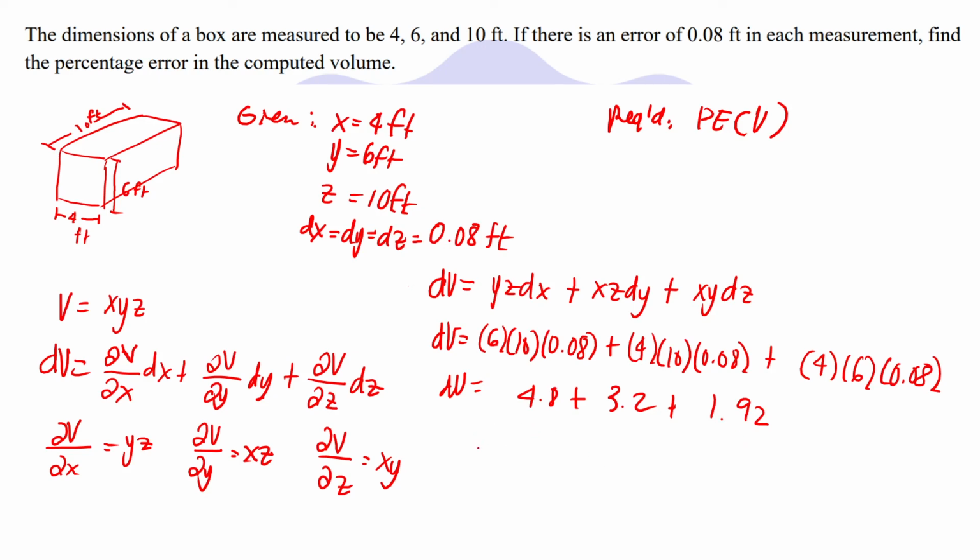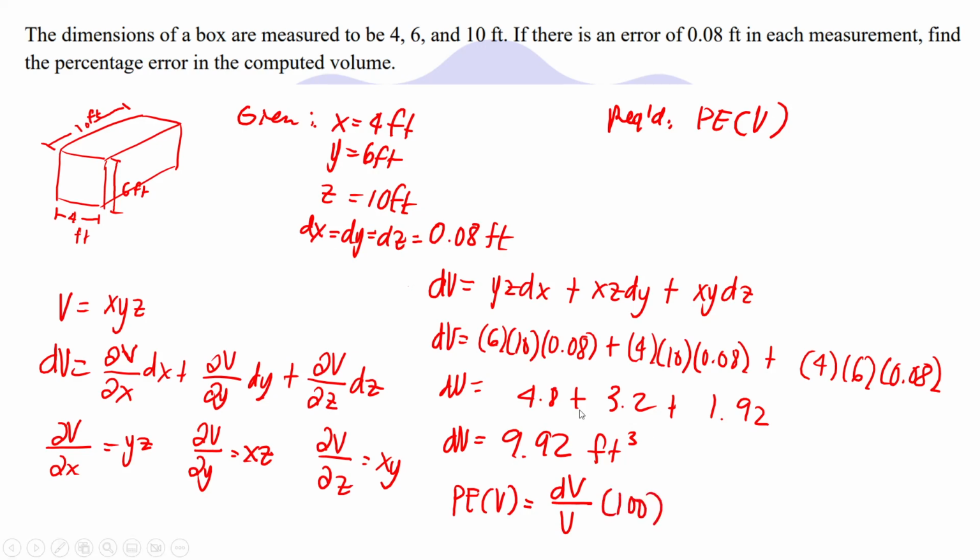So dV is 9.92, okay, unit cubic feet. Okay, do not stop there, okay? What is the percent error for the volume equation? That's dV over V times 100. Okay, so let's proceed to the next slide.